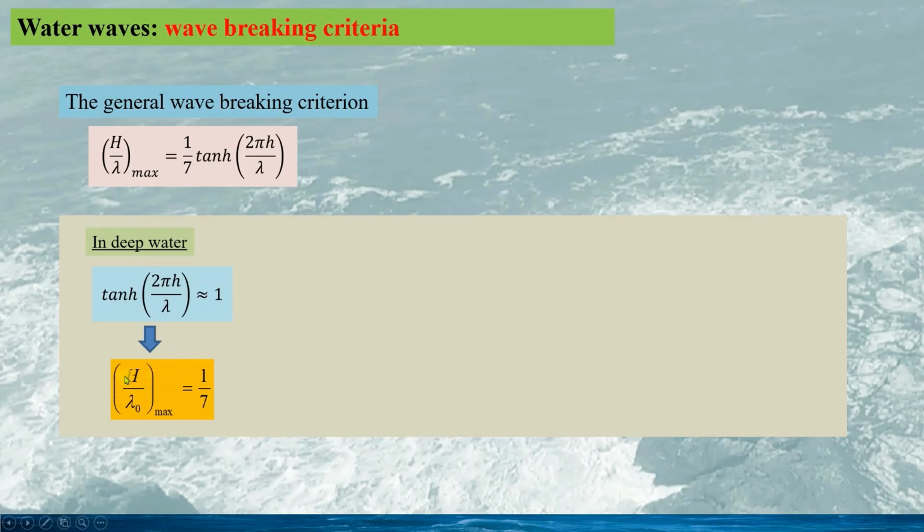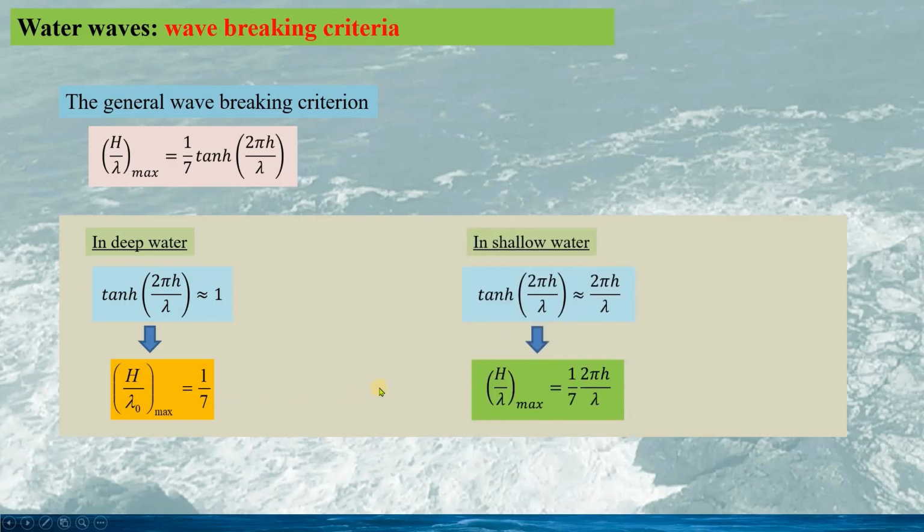Thus, the ratio of the wave height over the wavelength would be 1/7 in deep water. And in shallow water, the tanh function can be approximated by this expression. And we have the expression as this, and we can write the expression as this. This means in shallow waters, the ratio of the wave height over the water depth cannot exceed 0.9.